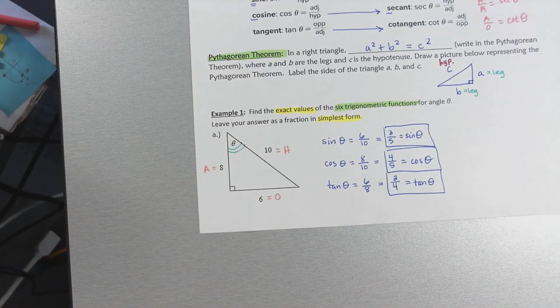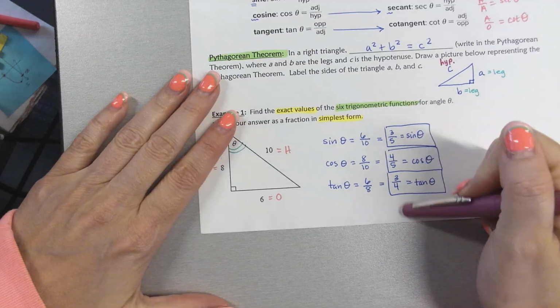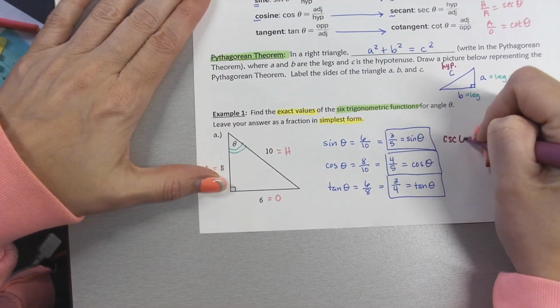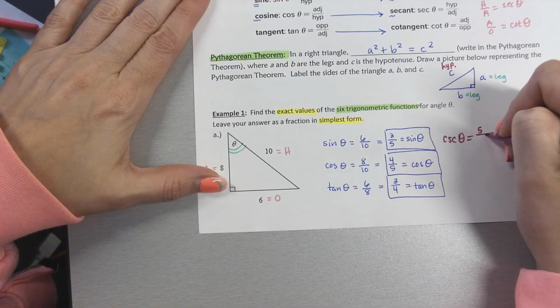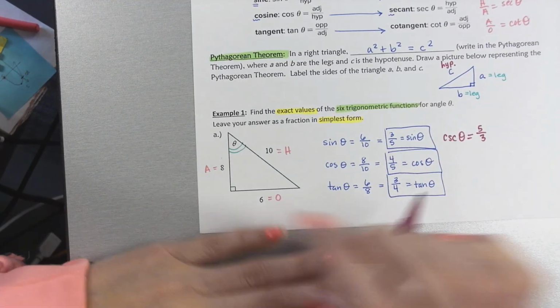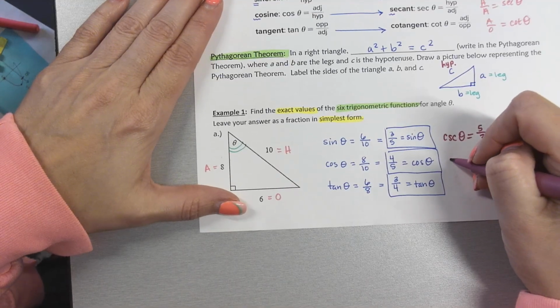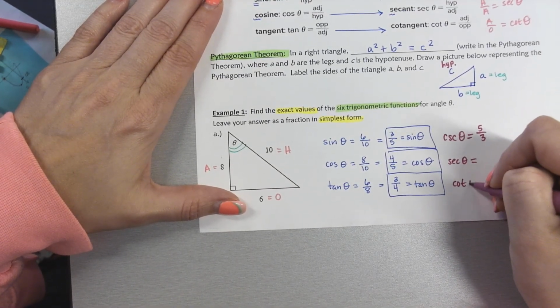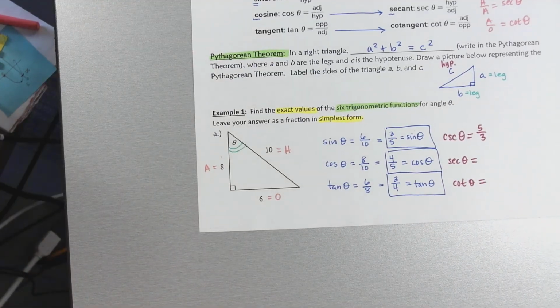Now when you go to the reciprocals, once you have the reduced ones, go ahead and flip your fraction. So we have 5/3 for the cosecant. Remember, sine and cosecant are the reciprocals. If you haven't already written down the secant and the cotangent, take a couple seconds now to do that.